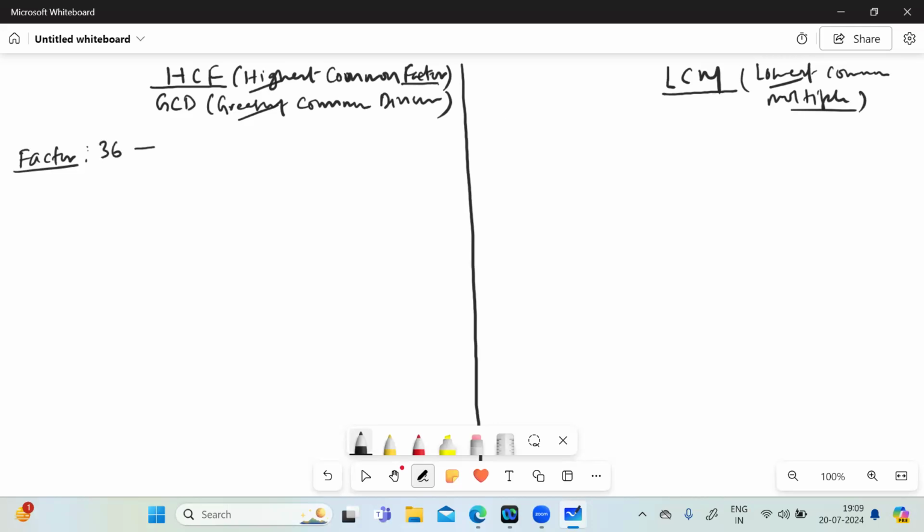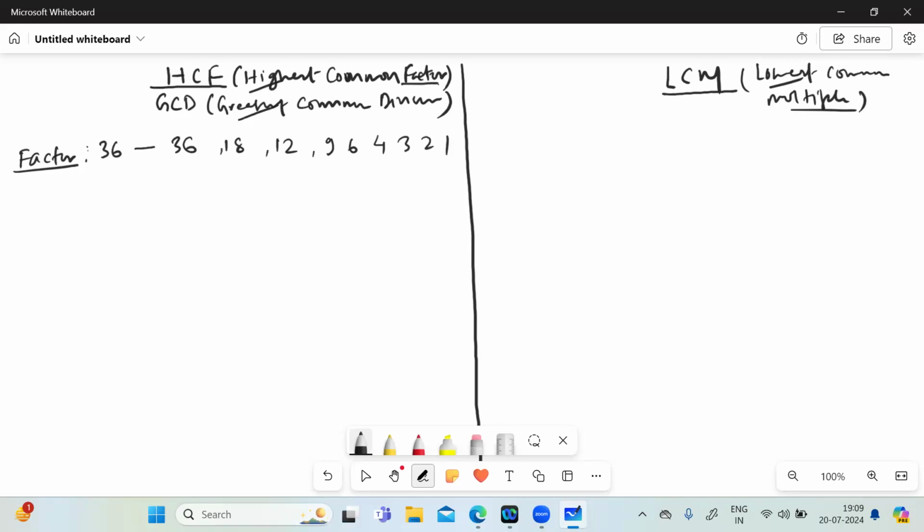All the numbers which divide 36, I'll write from greatest to lowest: 36, 18, 12, 9, 6, 4, 3, 2, 1.